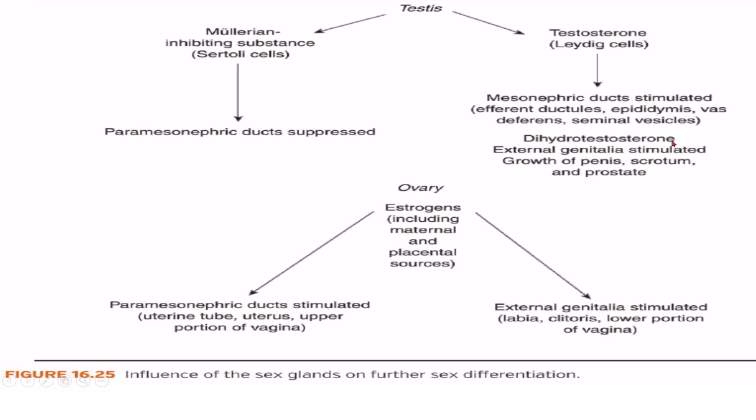Dihydrotestosterone will help in the development of external genitalia. Whereas in case of ovaries, they don't produce the estrogens, but the estrogens from maternal and placental sources will help in the development of the paramesonephric ducts and the female external genitalia.